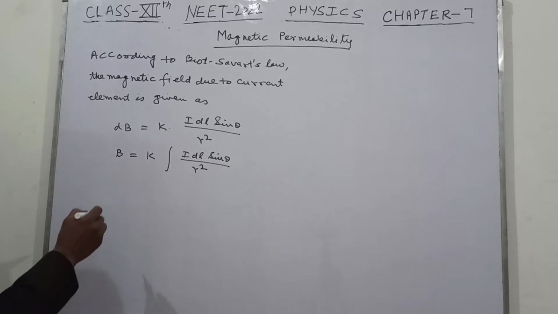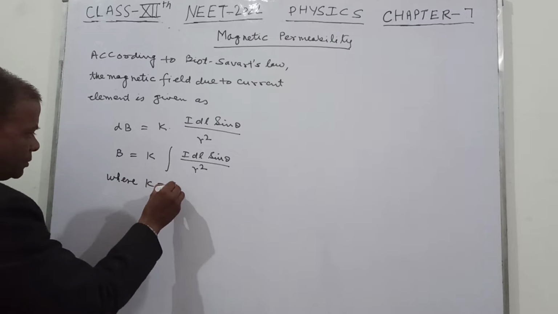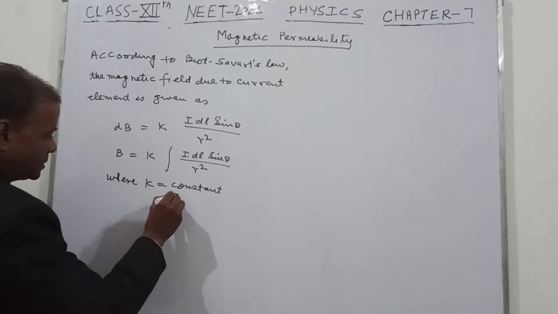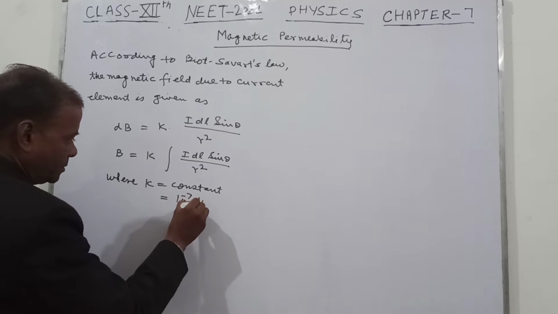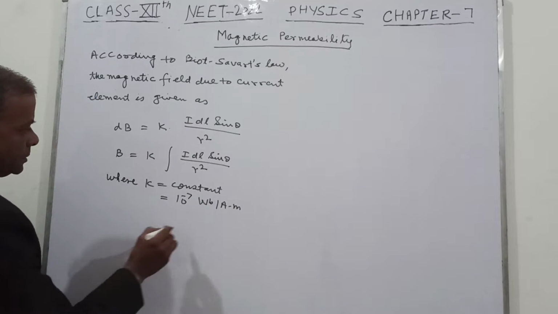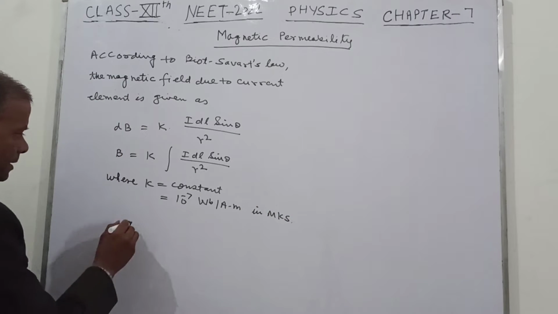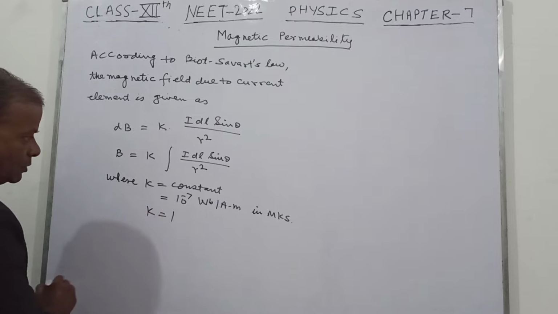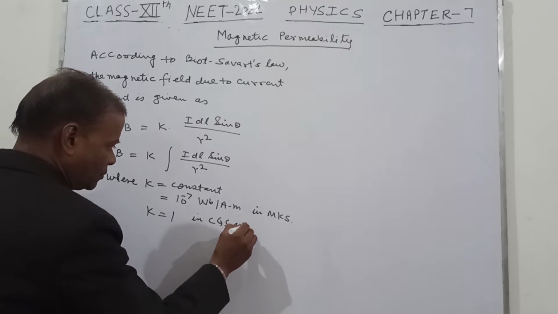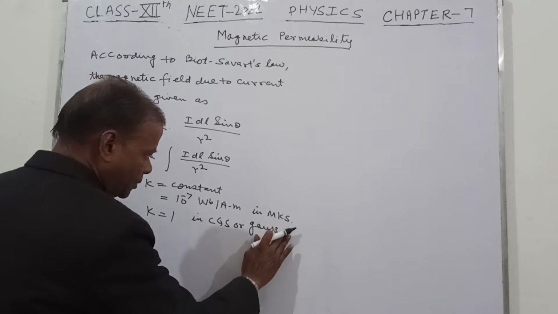K is a constant, where K equal to constant. Its value is 10 raised to the power minus 7 Weber per ampere meter. This is in MKS, and this K is equal to 1 in CGS or Gaussian system.